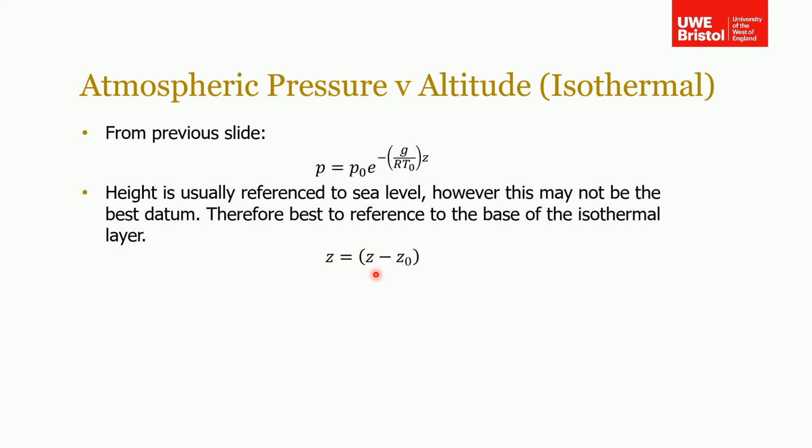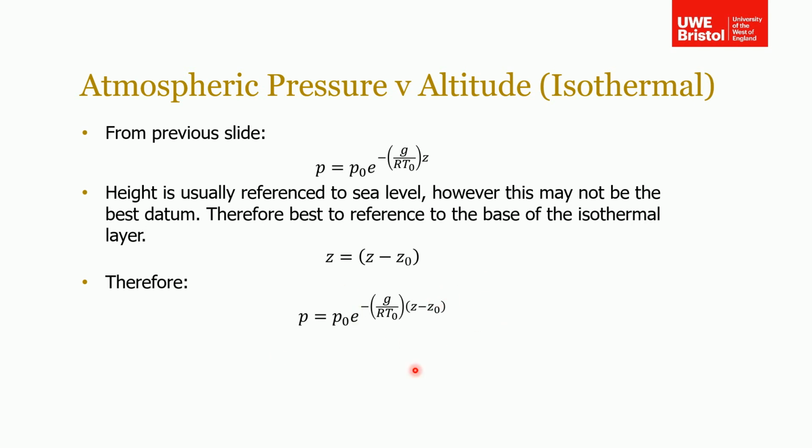So if we put that back in, then we now have our final expression where the pressure at a given altitude in an isothermal layer is equal to the pressure at the bottom of the layer times the exponential of minus g over the specific gas constant times the temperature at the bottom of the layer, times the difference in altitude between where you're interested in and the bottom of the layer.